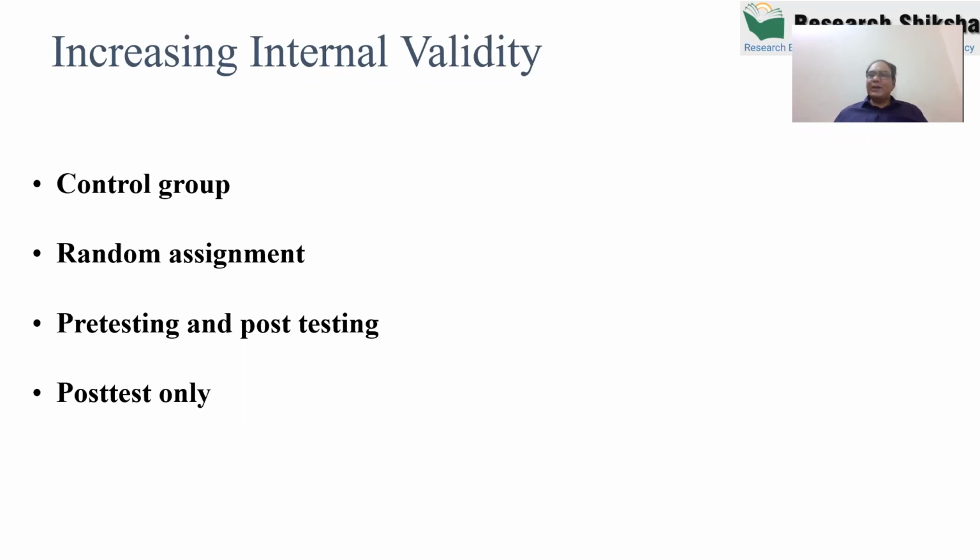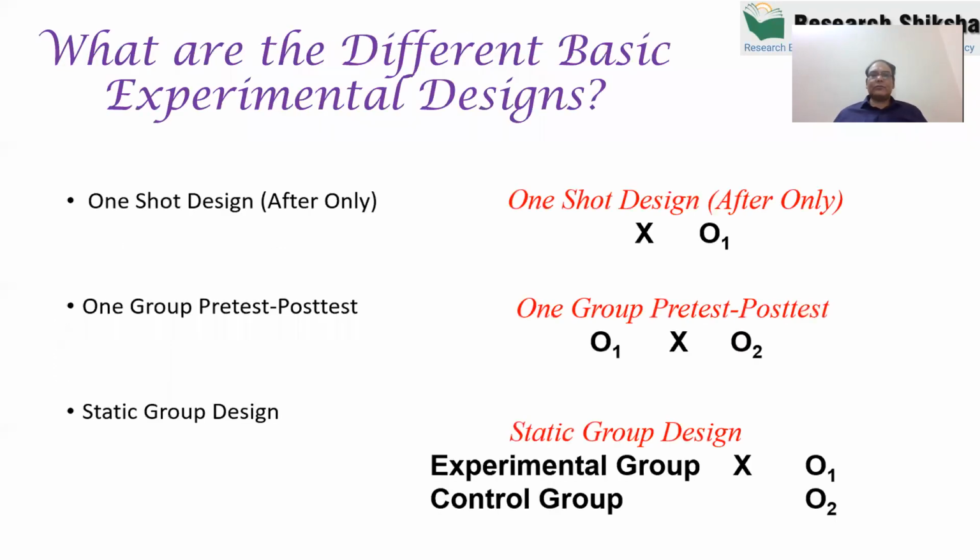And there is pre-testing. Pre-testing means you want to confirm whether the control group and experimental group are initially the same or not. And post-testing means after conducting the experiment, is there any difference between the two or not? So I hope you understand pre-testing and post-testing. Now I'm telling you some simple experiments, and you will understand very easily.